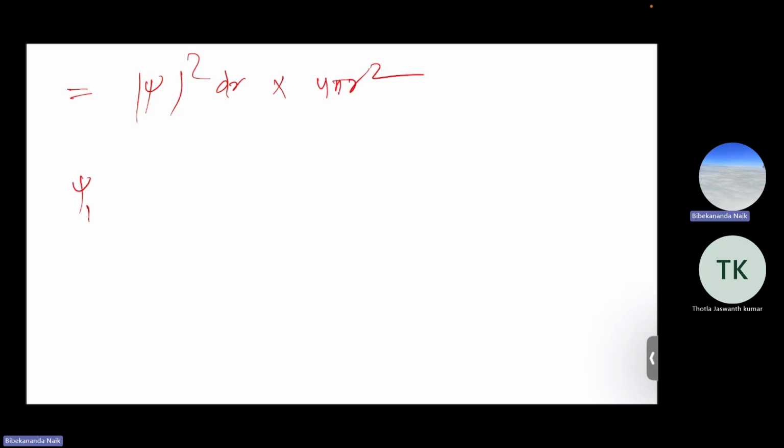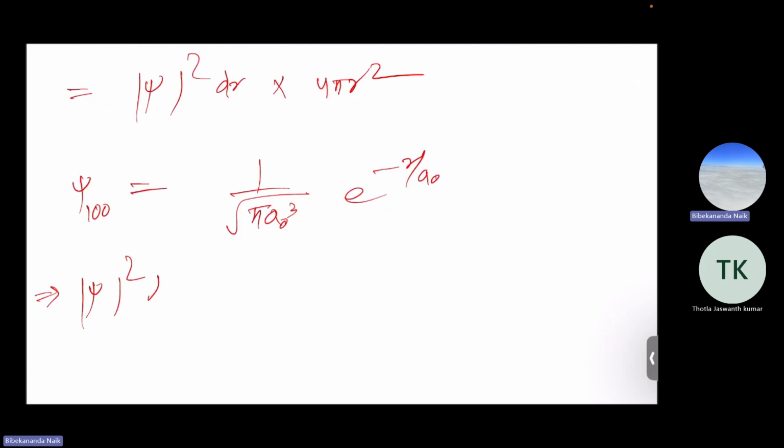Now what is psi? Psi 100 is given by 1 by root over pi a0 cube into e to the power minus r by a0. Then the probability density will be psi mod square dr into 4 pi r square.